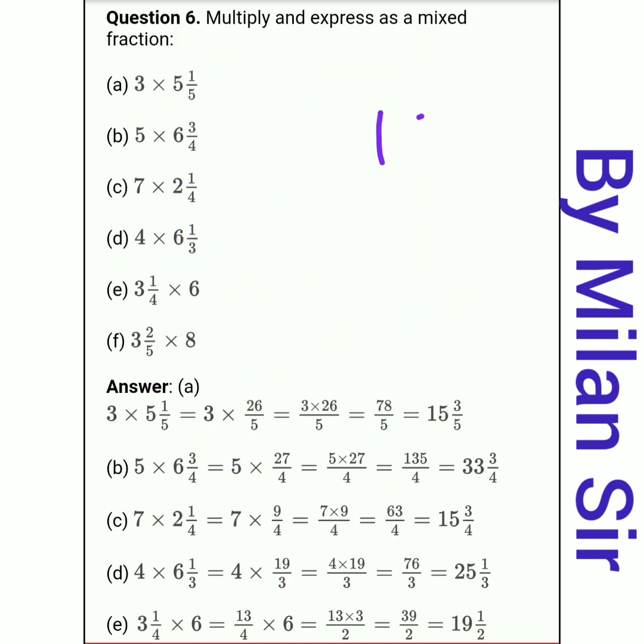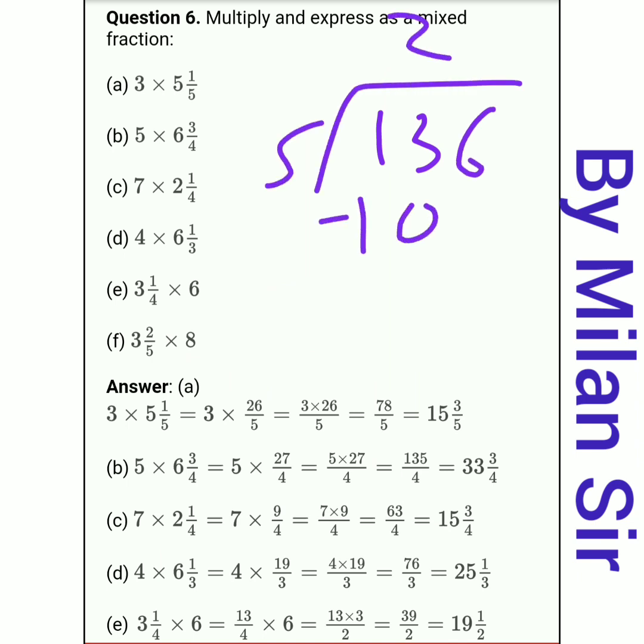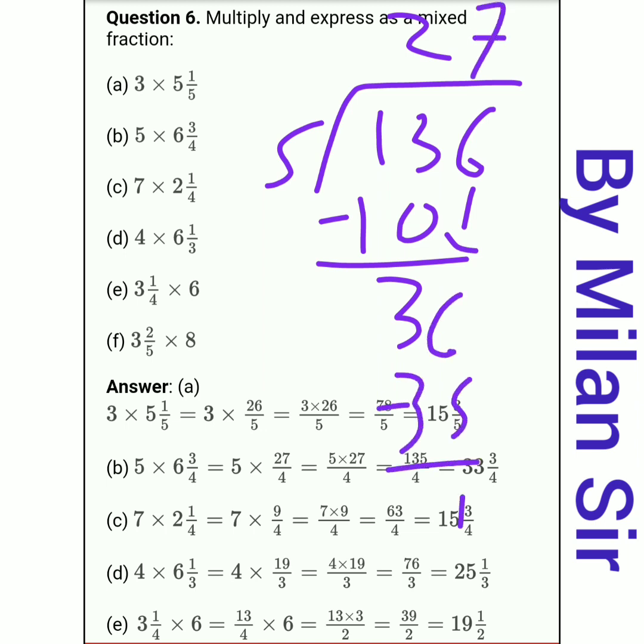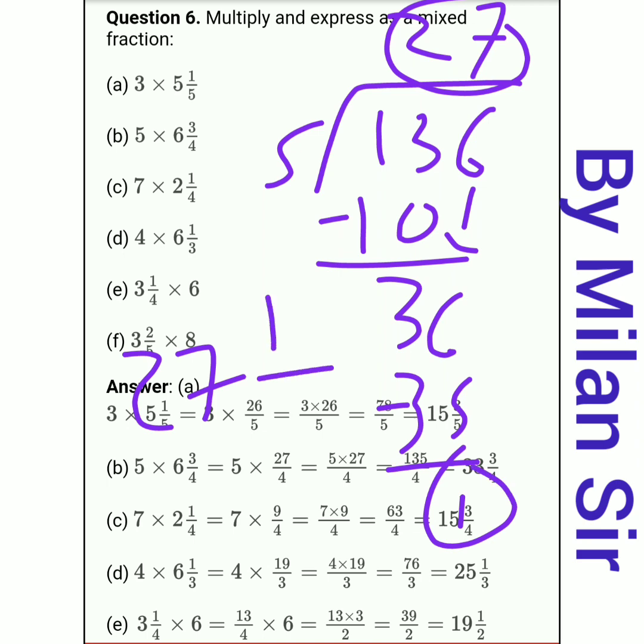So 136 divided by 5, 5 2s are 10, remainder 3, here 6, 36, 5 7s are 35, remainder 1. Okay, so our integer part is 27, then we need to write this remainder 1 and denominator 5 as it is. So our final answer is 27 integer 1 by 5. Okay, 27 integer 1 by 5.